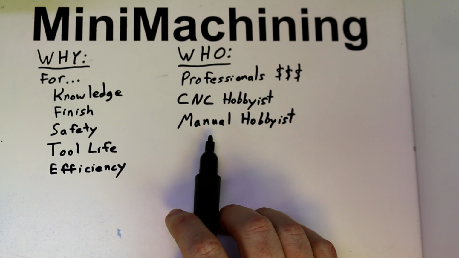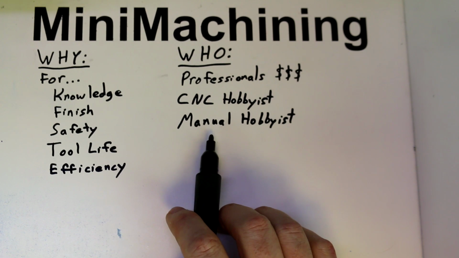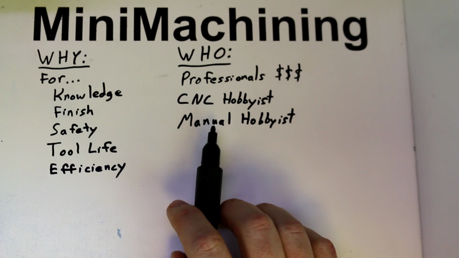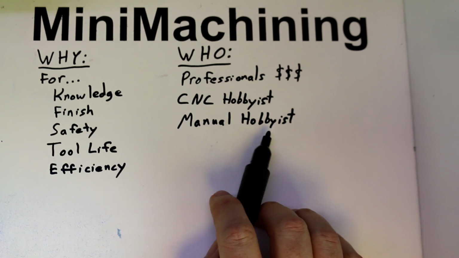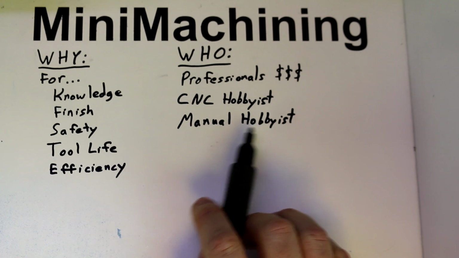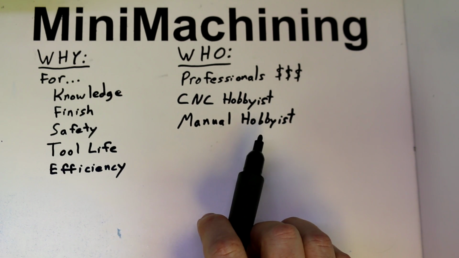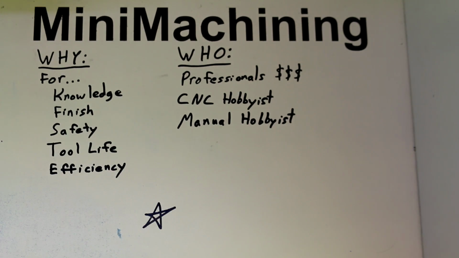We can't always run slower, and slower is going to be safer. Slower isn't going to reduce tool life, but slower isn't going to be very efficient, and slower may not give us the best finish. So the manual hobbyists out there will also want to start to learn and address this type of information.